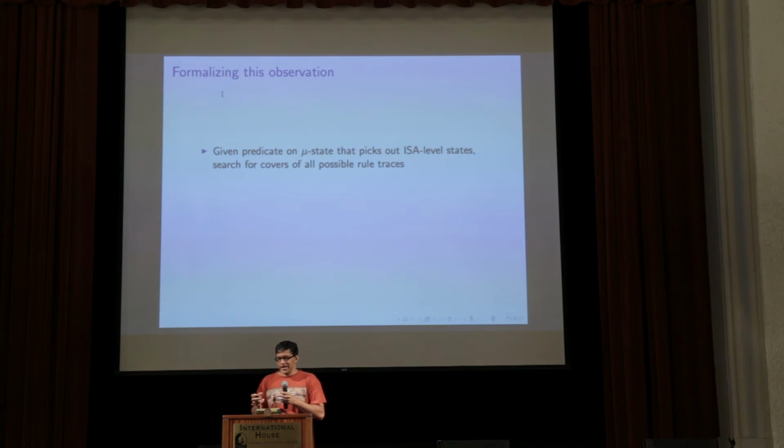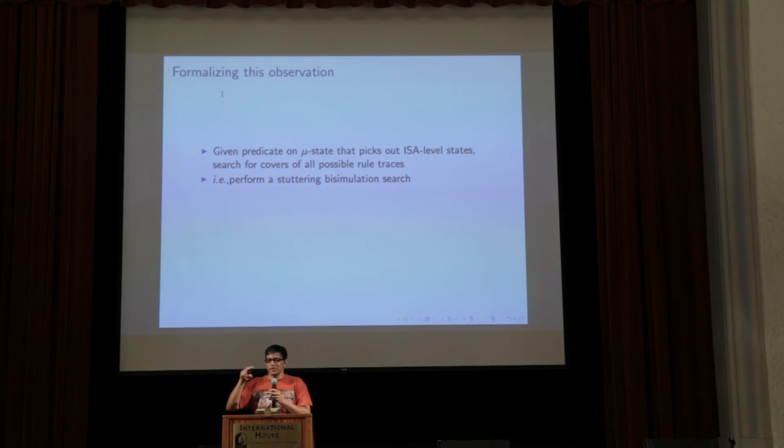It's not tied to any formal methods vocabulary. And the idea is that you search for all possible microarchitectural traces, executions that start in an ISA level state and end up in an ISA level state. And the ISA level states are picked out using this predicate.